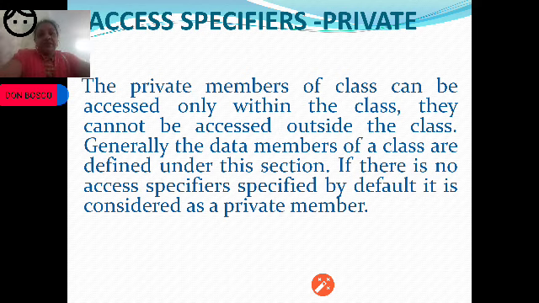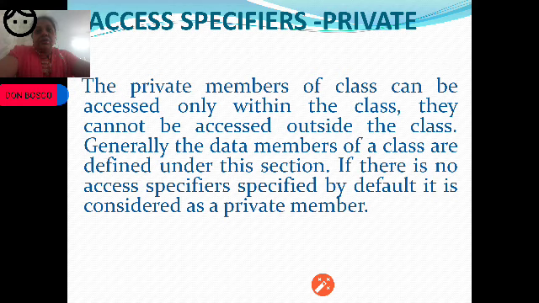If the data or member functions are defined under this section, they cannot be accessed outside the class. That is, the private members of the class can be accessed only within the class. They cannot be accessed outside the class.